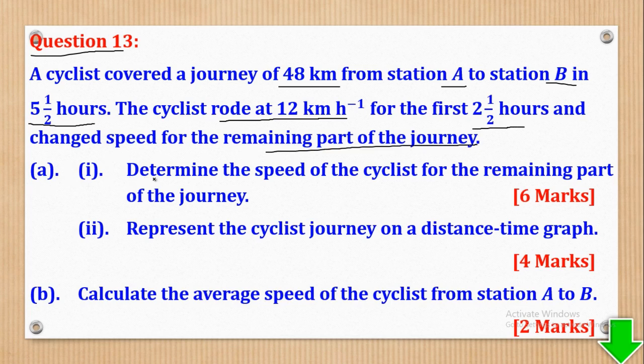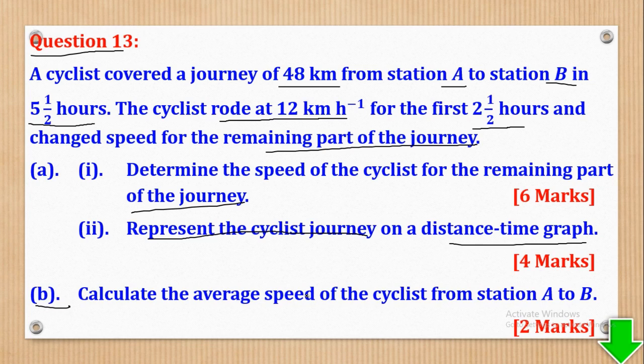Part A, Roman 1, determine the speed of the cyclist for the remaining part of the journey. And Roman 2, represent the cyclist's journey on a distance time graph. And part B, calculate the average speed of the cyclist from station A to station B.